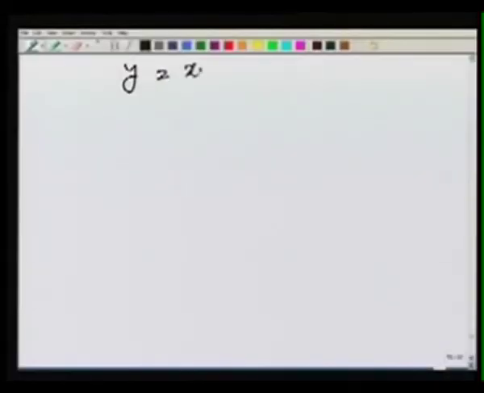And finally, your y is x 1. That is my output. So, how do I linearize it? Set u equal to 0 and x 1 dot equal to 0, and also x 2 dot.